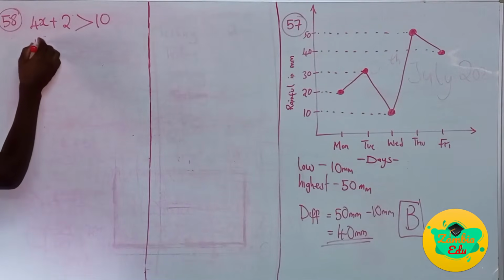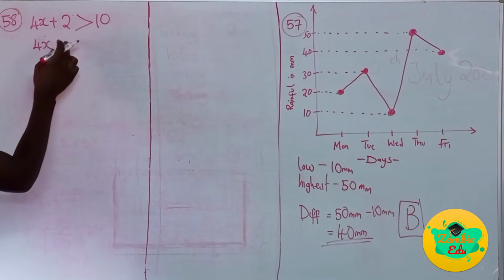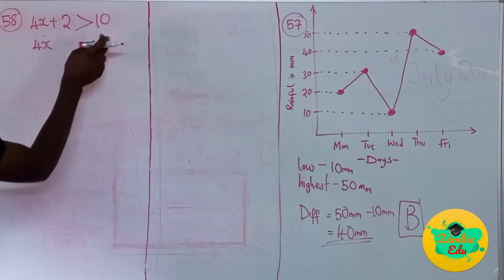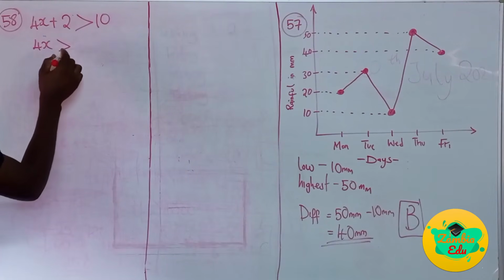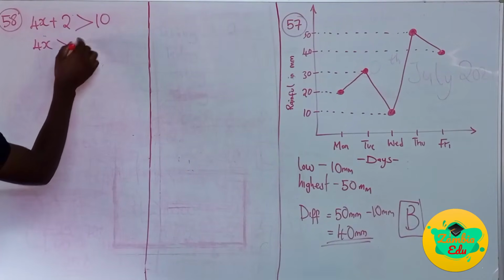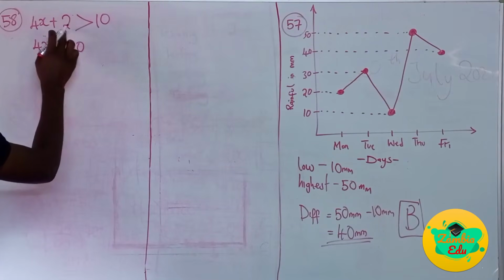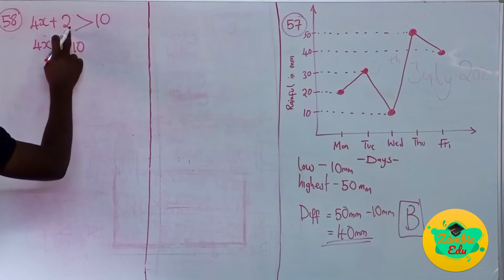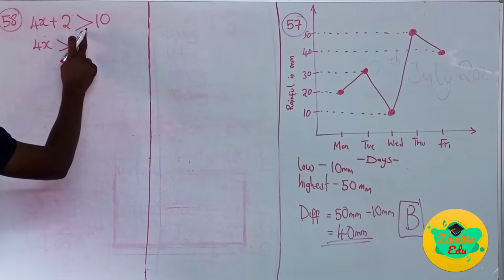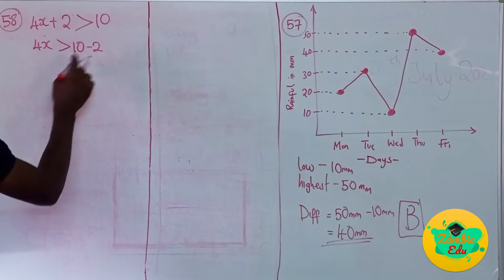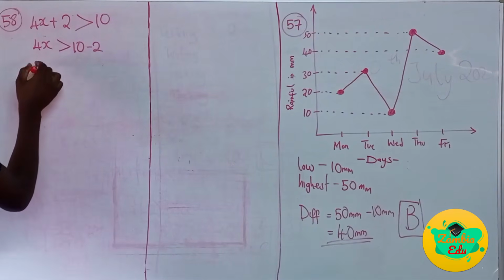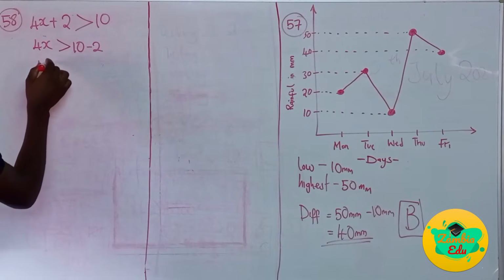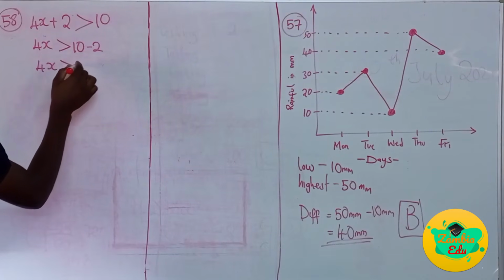So there we say 4x. Let's group the like terms. Take it to the other side, it becomes 4x greater than 10. This was a positive 2; when it crosses the greater than symbol, it becomes a negative 2. So we have 4x greater than 10 minus 2, which is 8.